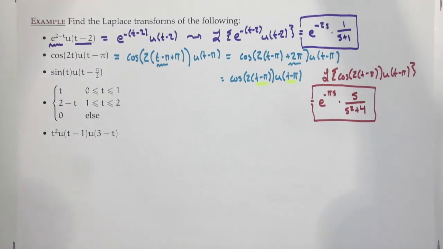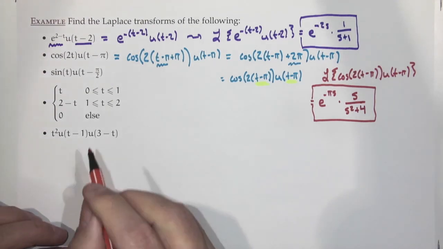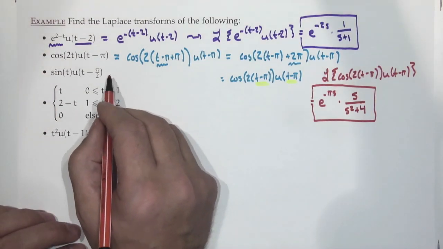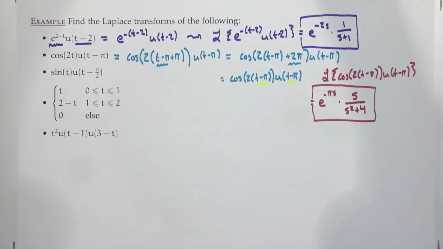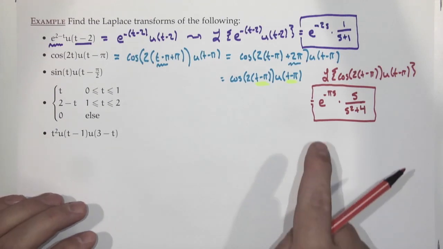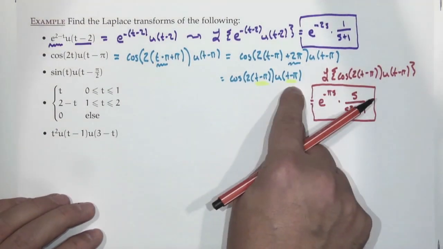All right. Moving down our list. Sine of t times u of t minus pi halves. This should be fun. Okay. Well, are we ready to do our Laplace transform? Yes? No? Well, we're not, right? Because the insides don't match.